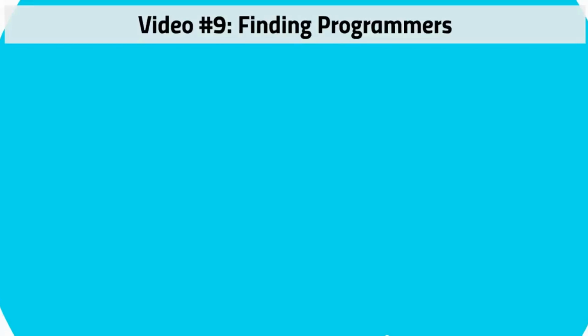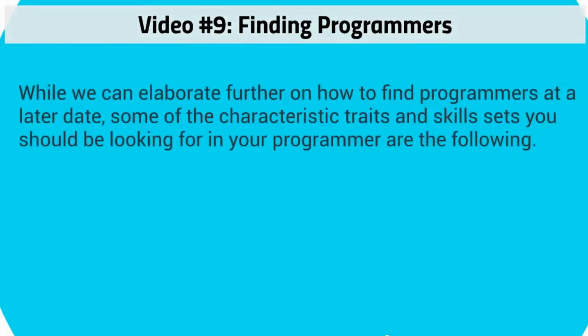Okay, so now that we are pretty much done, this is kind of a bonus, but in video number 9, I want to talk about finding programmers. I'm not talking specifically about going out and finding a programmer, but about what kind of characteristics and traits you should be looking for in a WordPress plugin programmer, because not all programmers are going to be the same.